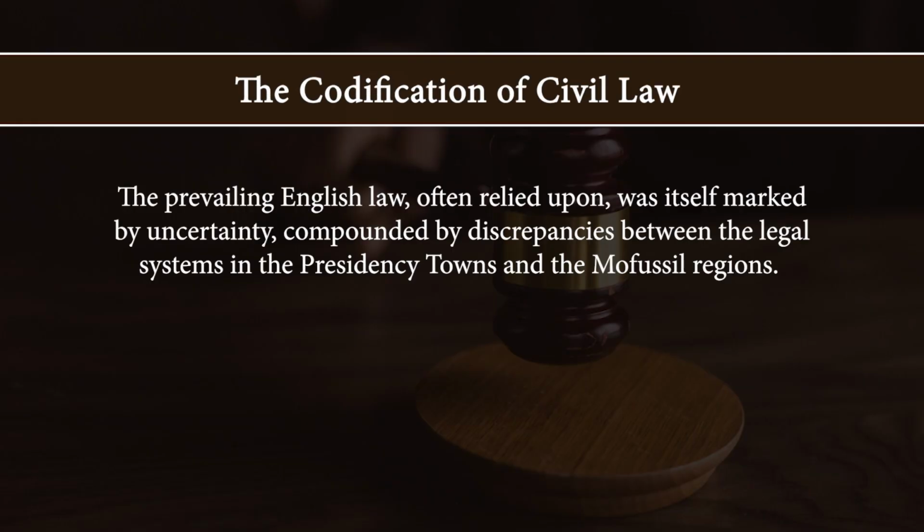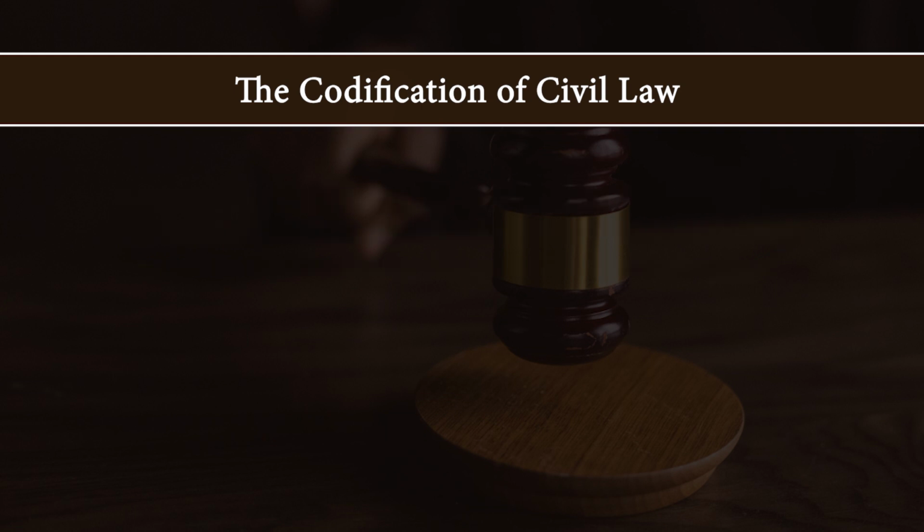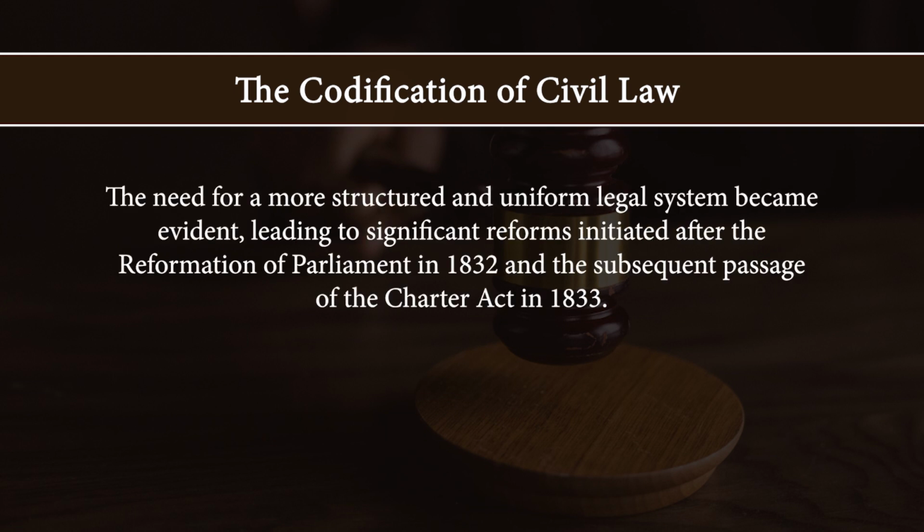The prevailing English law, often relied upon, was itself marked by uncertainty and compounded by discrepancies between the legal system in the presidency towns and the Mofussil region. The need for a more structured and uniform legal system became evident, leading to significant reforms initiated after the reformation of Parliament in the year 1832 and the subsequent passage of the Charter in the year 1833.